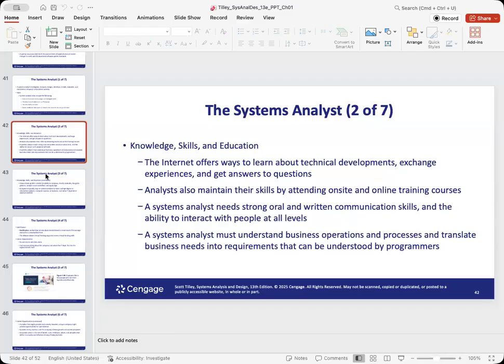Because programmers by themselves do not understand the business requirements. So as a systems analyst, whilst you are converting the programmer's code to managers, you should also learn how to communicate the manager's words to the programmers for them to understand.